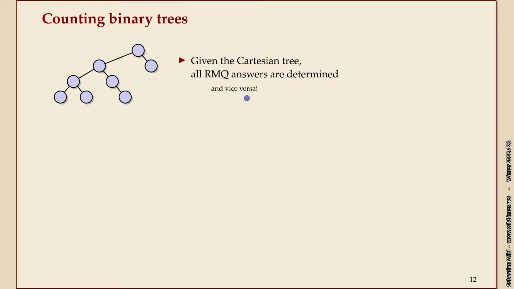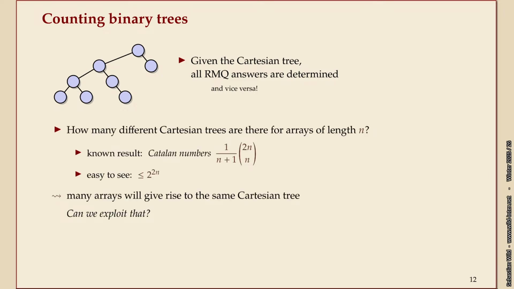That also means I can count binary trees to count how many different options I have to answer range max queries. For example, here is my small tree, and it has, was it eight nodes? There's only a certain number of different trees with 8 nodes that could be a Cartesian tree. And the precise answer is the Catalan numbers. If you have n nodes and you want to build a binary tree, that's the precise answer for how many you get.